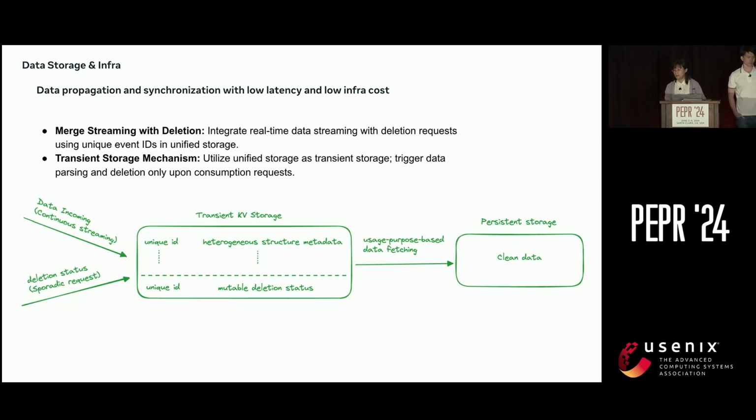You can see the key point of this design is that we quarantine the data before it gets propagated into the data usage and the persistent storage system. In this diagram, there's a typical incoming real-time ingestion streaming flow, which gets the real-time user data in the heterogeneous data structure with all the critical attributes, and of course it's stored keyed by unique ID.